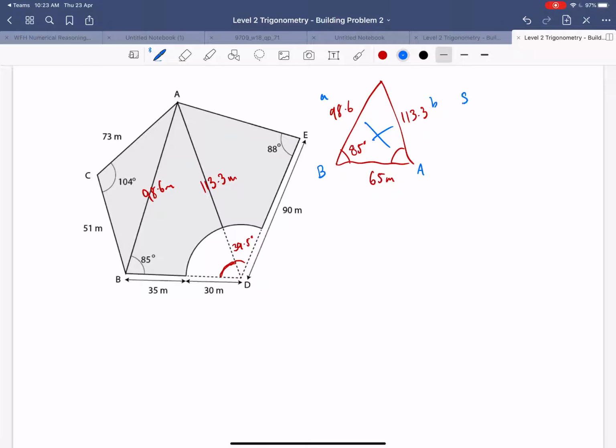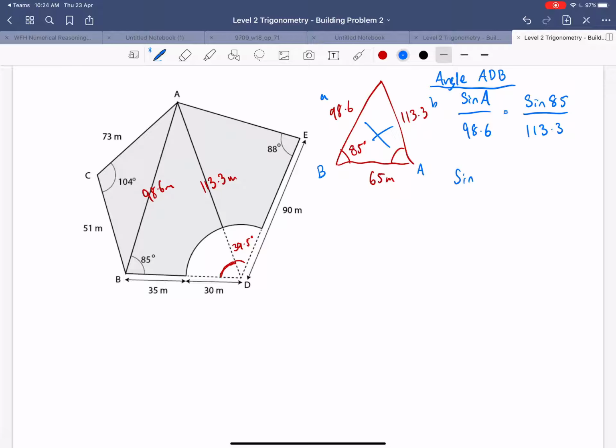So that is sine A, and I'm looking at angle ADB. So sine A over 98.6 is equal to sine 85 over 113.3.